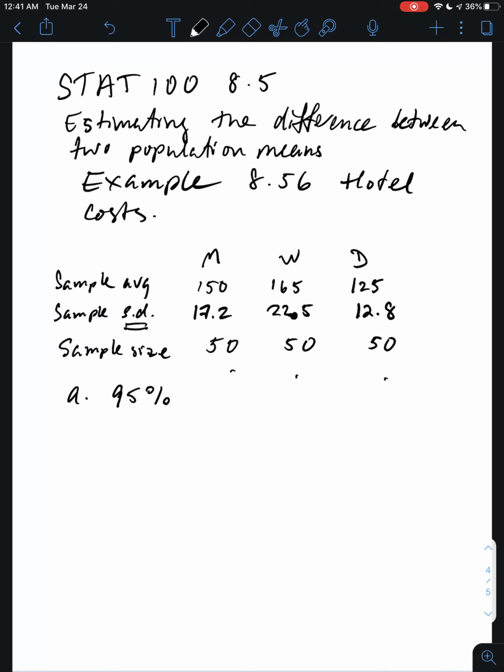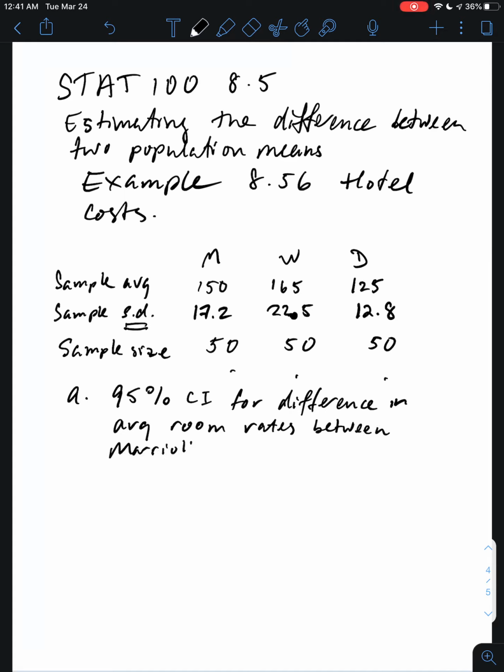Let me just write this down. 95% CI for the difference in average room rates between Marriott and DoubleTree. So we're just going to ignore the Westin data in this comparison.